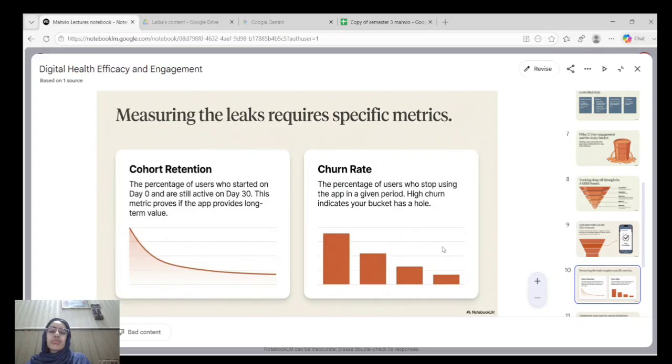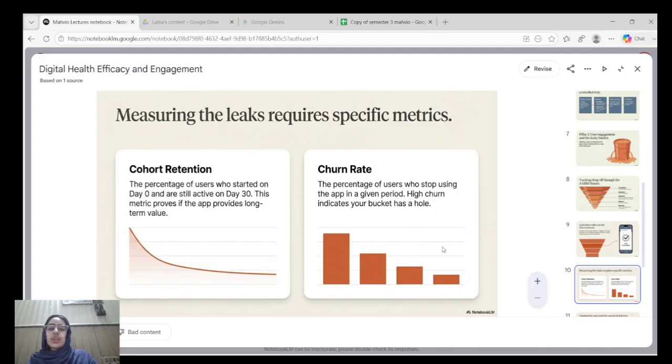And so, measuring the leaks requires specific metrics. In the clinical world, we measure blood panels. In the software world, we measure retention curves. Cohort retention, this is the percentage of users who started on day 0 and are still active on day 30. This metric is crucial because it proves if the app provides long-term value.